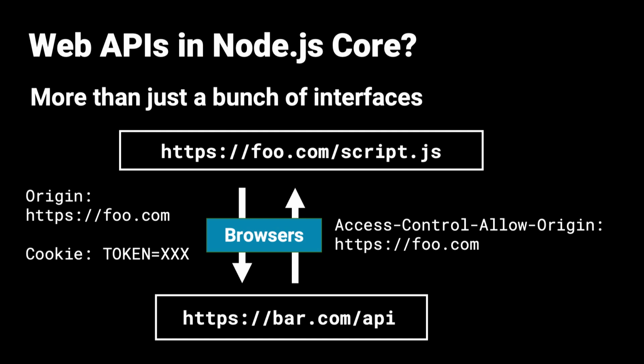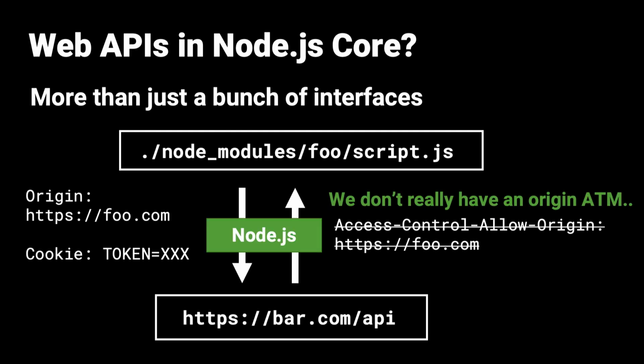When you fetch an API endpoint, for example at bar.com, from a script living on foo.com, and you want to send credentials like cookies along with the request, fetch as implemented according to the specifications should follow the cross-origin resource sharing protocol and check the Access-Control-Allow-Origin header in the HTTP response before invoking the callbacks with the data, so that untrusted scripts cannot steal your cookies when your server is not aware of them.